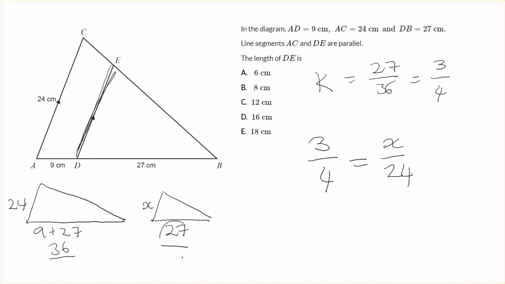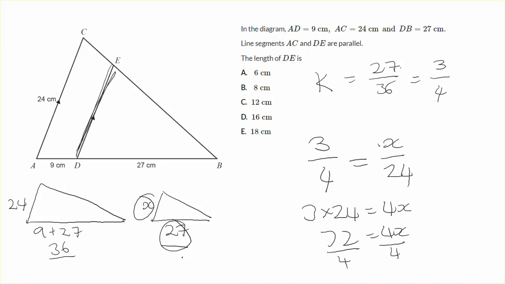And again, the 27 and the x both went in the numerator. Cross multiply: 3 times 24 equals 4x. 72 equals 4x, divide by 4 on both sides, and x equals 18.